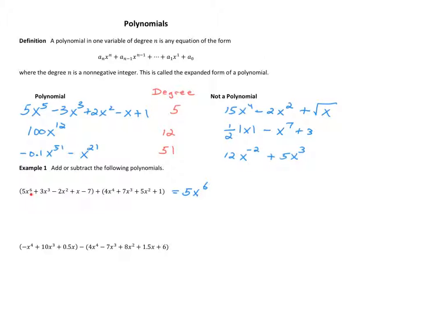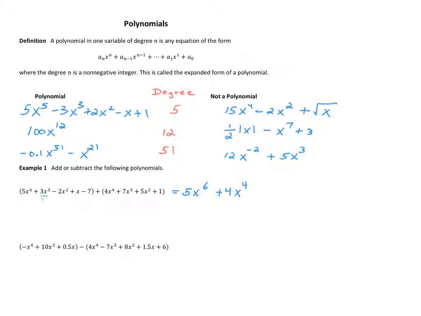Okay, I think I'll maybe drop down to an x to the 5th to see if that ever appears. I don't see one. All right, so now let's focus on x to the 4th. There are 4x to the 4ths right here. That is the only one, so I'm just going to copy that down. So far, nothing has happened by adding these two together. Now, what about an x to the power of 3?